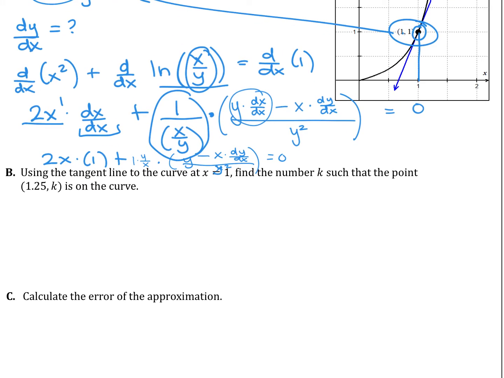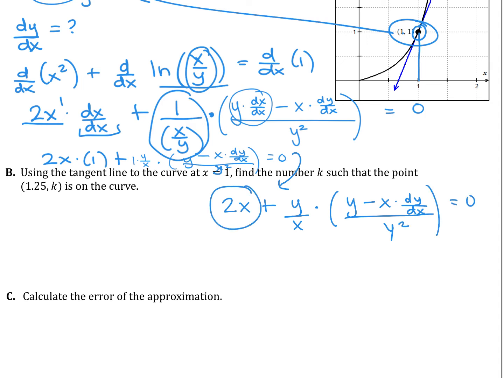So I end up with, I'm going to go down here below, I get 2x plus y over x times y minus x times dy over dx over y squared equals 0.